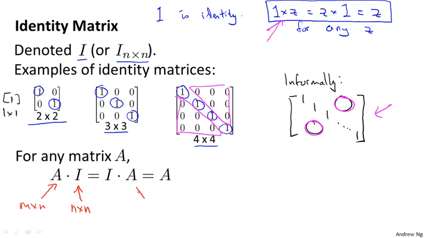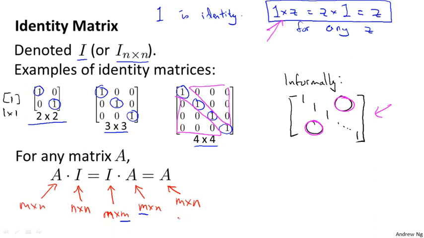And if we multiply on the other side, for matrix multiplication to make sense, the identity has to be an m by m matrix, because this m has to match up with that m. In either case, the outcome is you get back the matrix A, which is m by n.